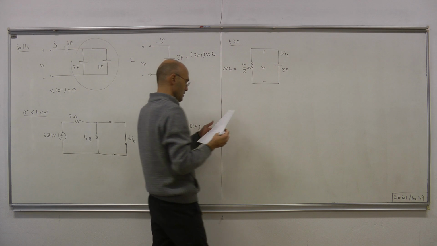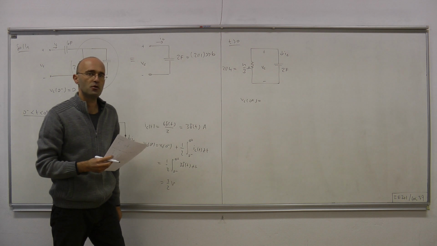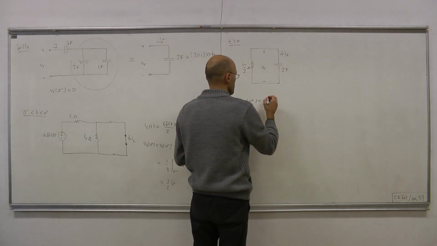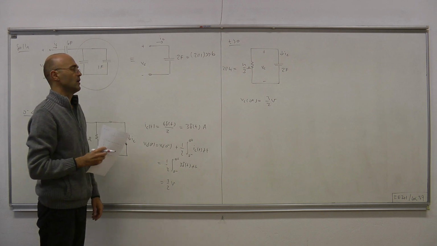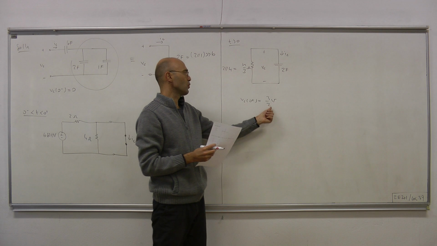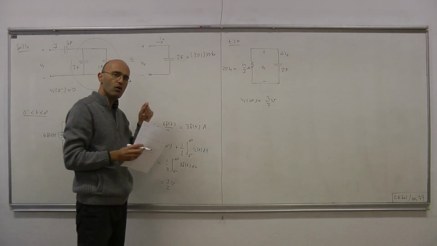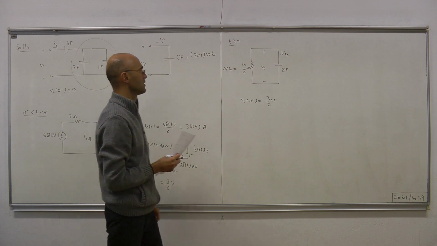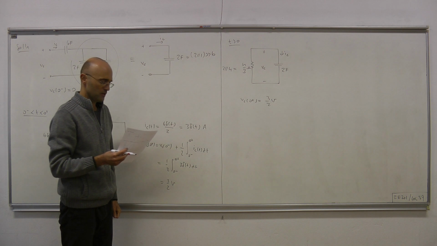Now for this circuit, we now know the initial condition. VC0 plus is 3 over 2 volts. Therefore, the solution VCT is immediately initial condition 3 over 2 times e to the minus t divided by the time constant. And time constant is the product of the resistance and the capacitance.